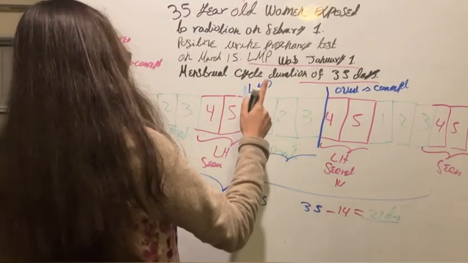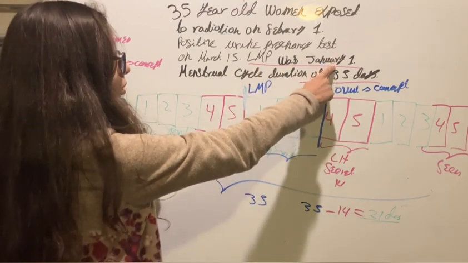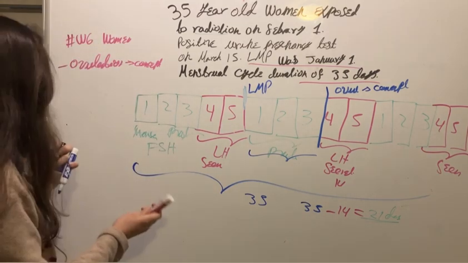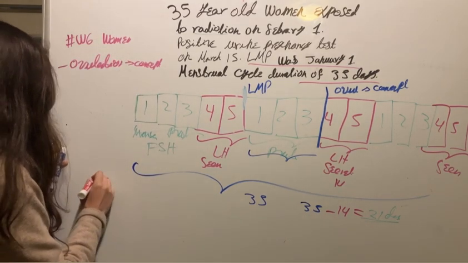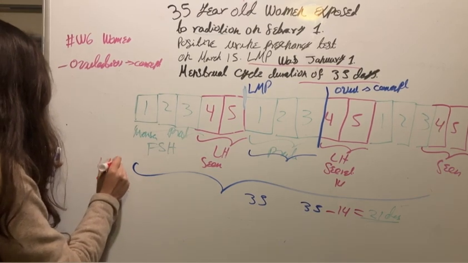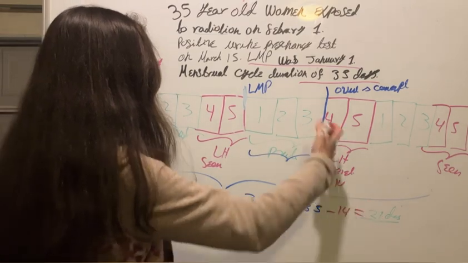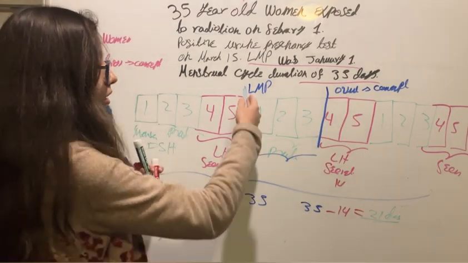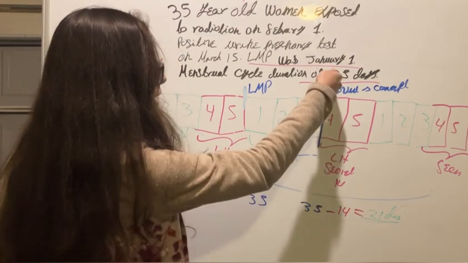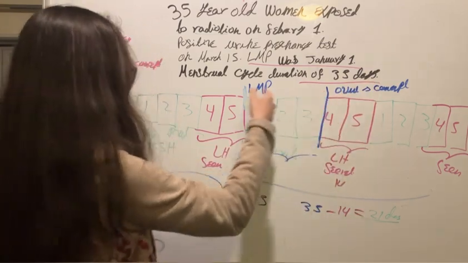So if her last menstrual period was January the 1st, 21 days after is going to be the ovulation, which is the duration of the proliferative phase, the ovulation date or the conception date.